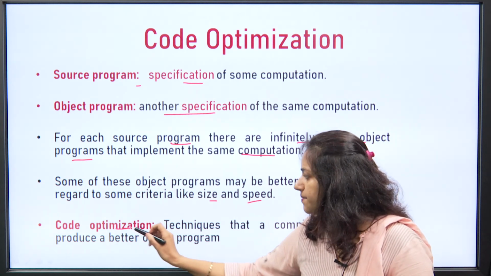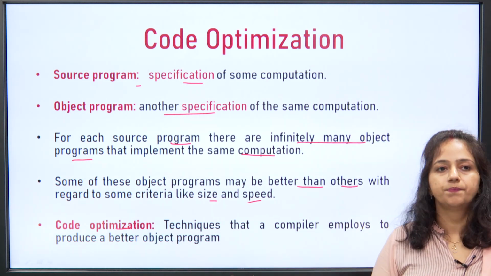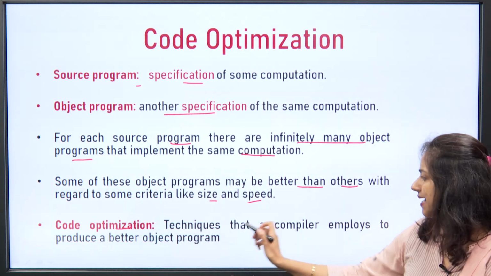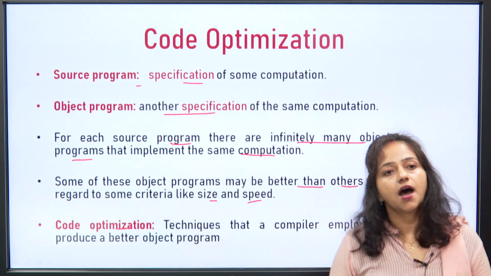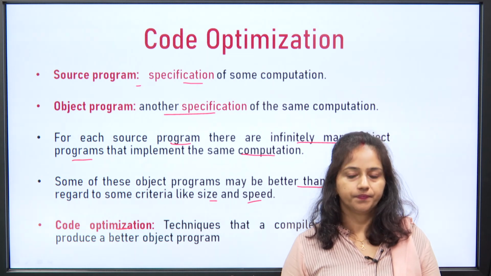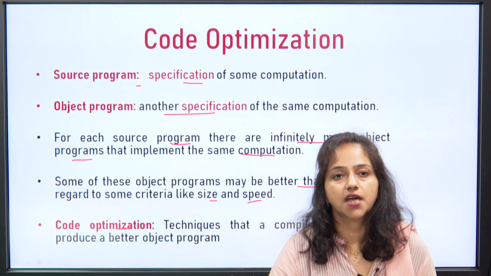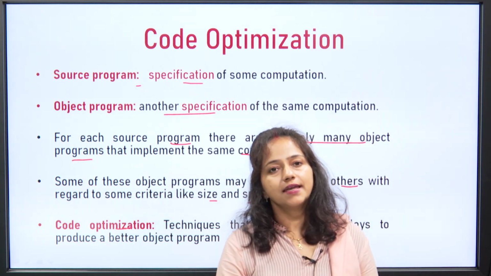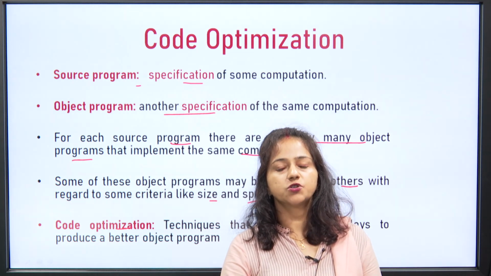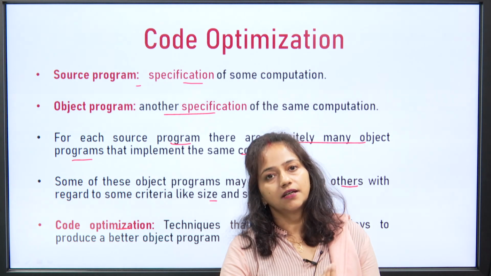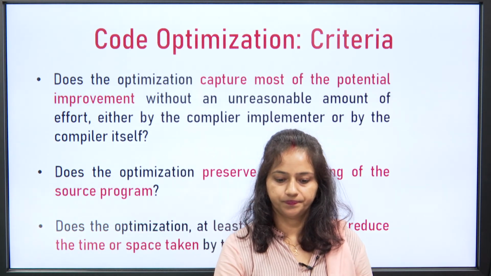The term code optimization refers to the techniques that a compiler employs to produce a better object program. We need to generate a better target code in terms of the space and time required.